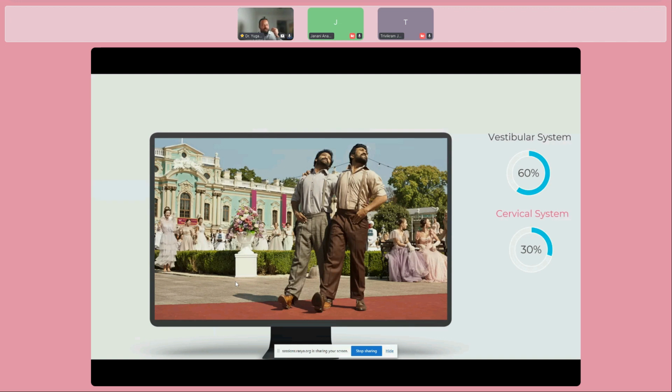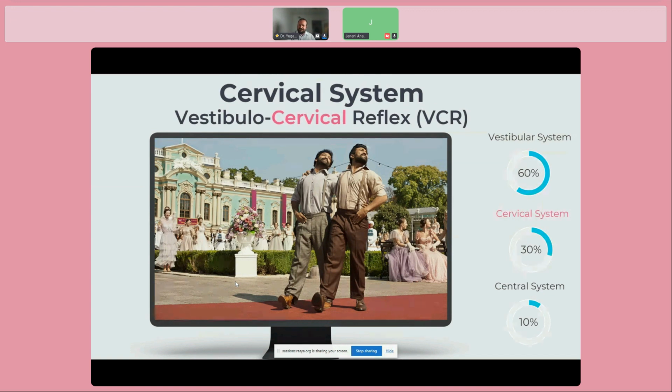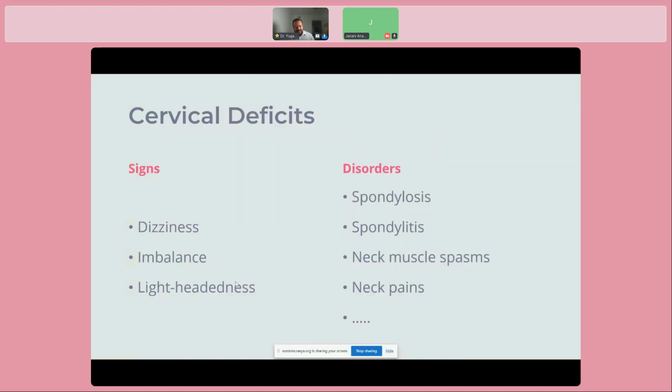So whenever you shake your head, not only is your vestibular system or ocular system detecting the motion, now the cervical system also carries information to the vestibular system saying, I'm actually moving. So all this information is being processed at the vestibular nuclear level, and this is the vestibulocervical reflex. It looks the same, but depending on where you focus, it can be vestibulo-ocular, it can be vestibulocervical.